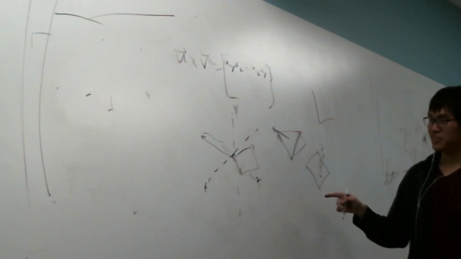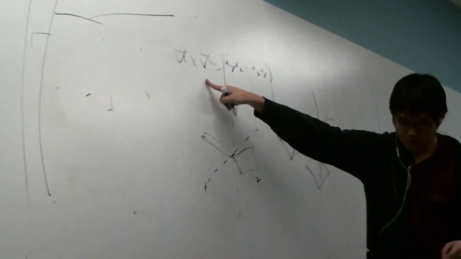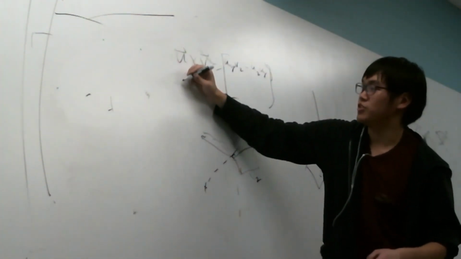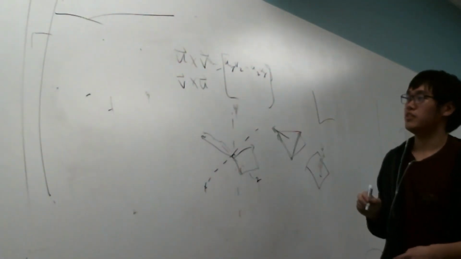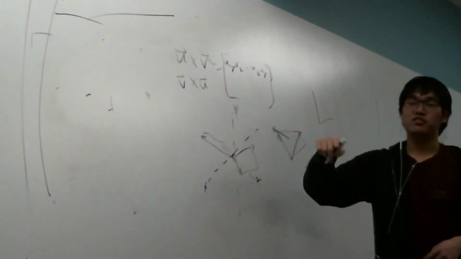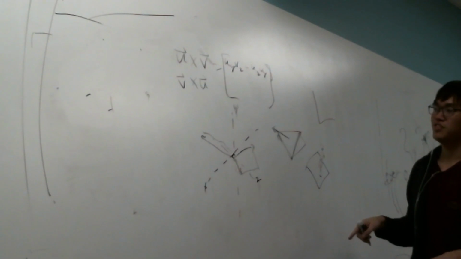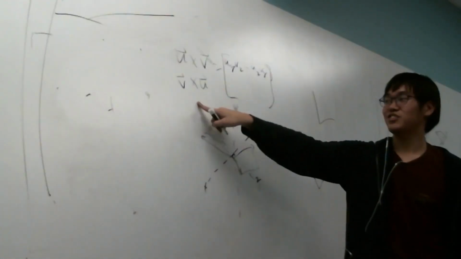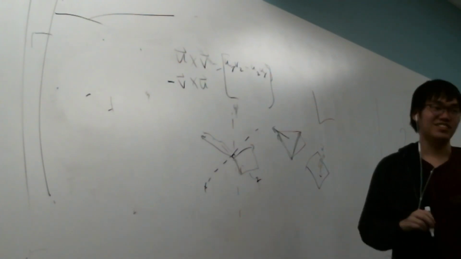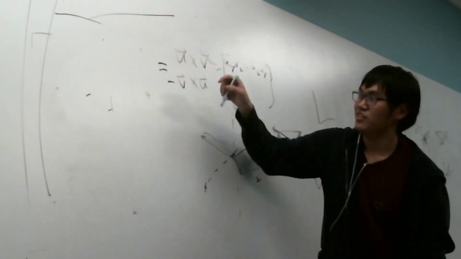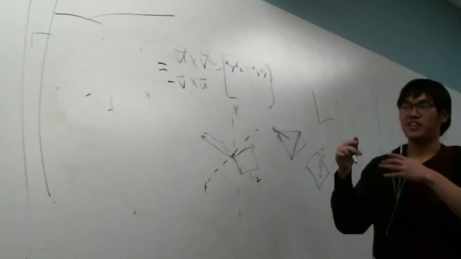Also, u cross v is not equal to v cross u. With the dot product, u dot v is equal to v dot u. In this case it's not equal, but the negative version of it is equal to u cross v. They're anti-commutative.